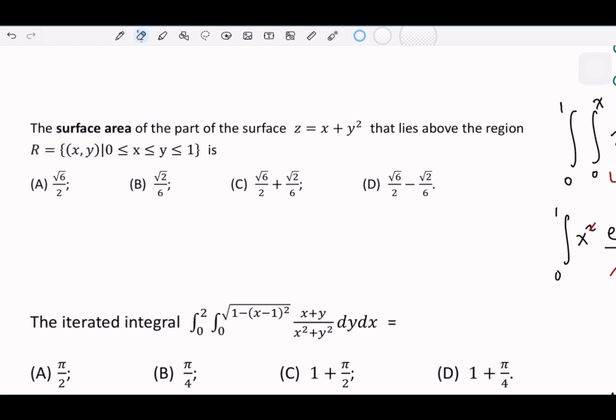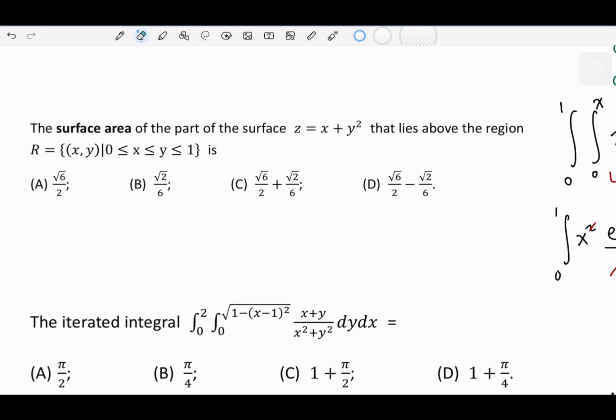So what should you do first? What is the surface area? How to find the surface area? Partials, right? You take the square root of 1 plus the partial x squared plus partial y squared.